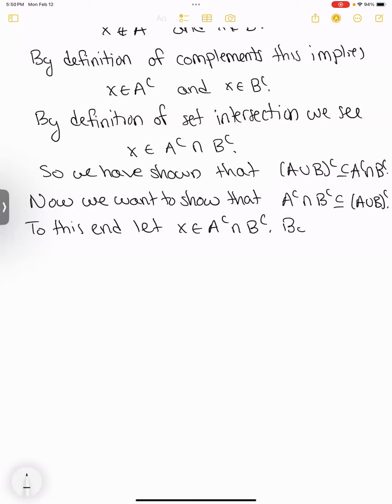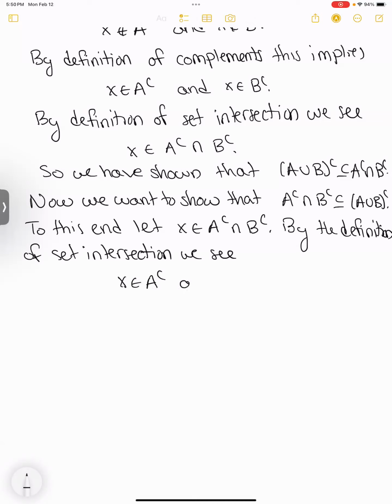Okay, now we have to unpack some definitions. So by the definition of set intersection, we see that X is in A complement and X is in B complement.